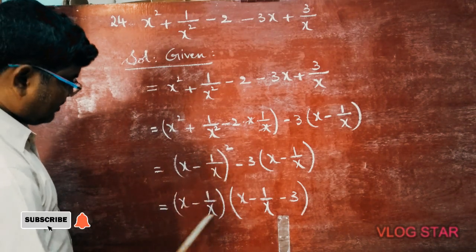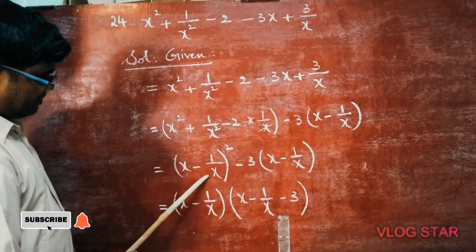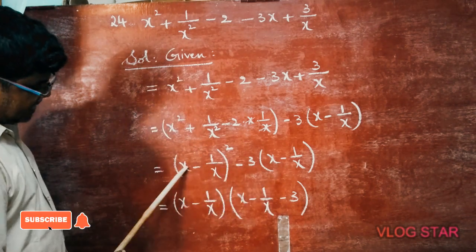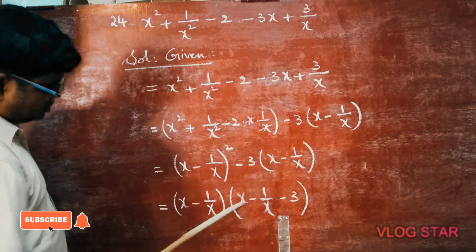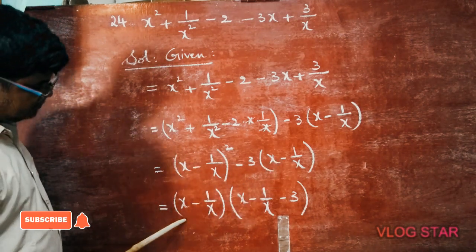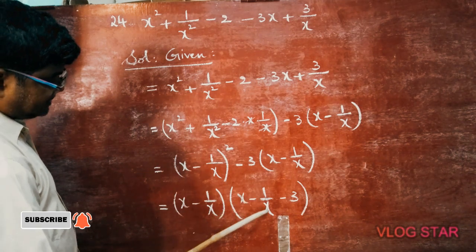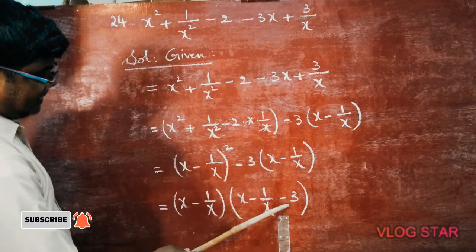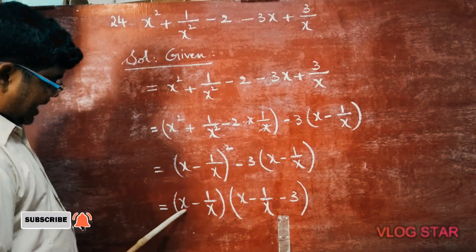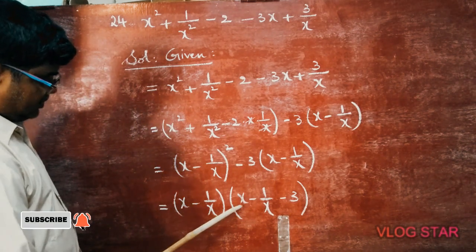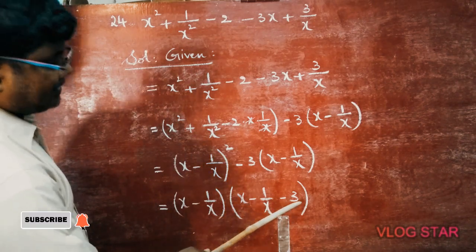So we took it outside common because in the first term we have x minus 1 by x whole square and here x minus 1 by x. One more x minus 1 by x is remaining and minus 3. Here we already took common outside. So what is the final answer? x minus 1 by x into x minus 1 by x minus 3.